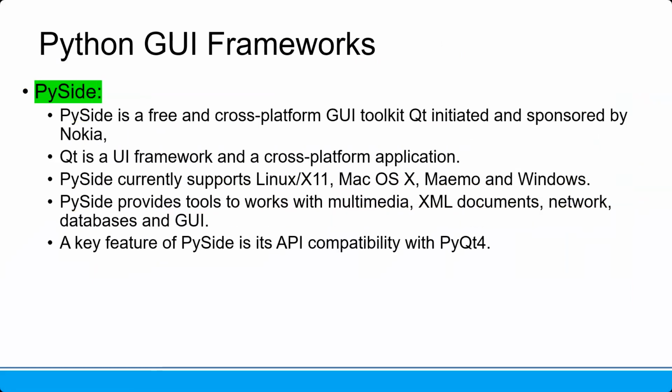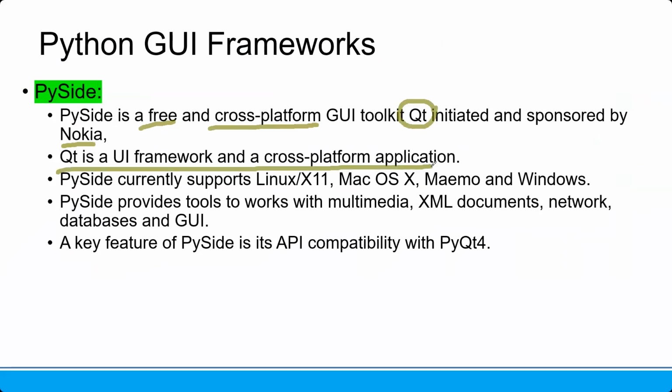This is another framework, PySide. Again, this is free and cross-platform. It is based on Qt. Qt is one of the GUI tools, and it was sponsored by Nokia. Nokia is a telecommunication company in Europe. So Qt is a cross-platform UI framework.